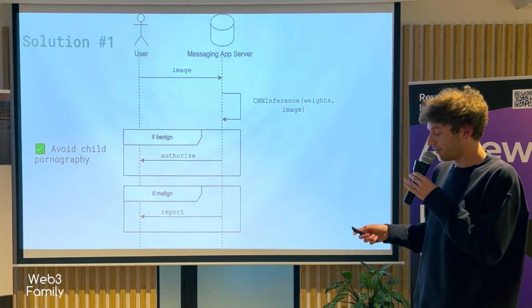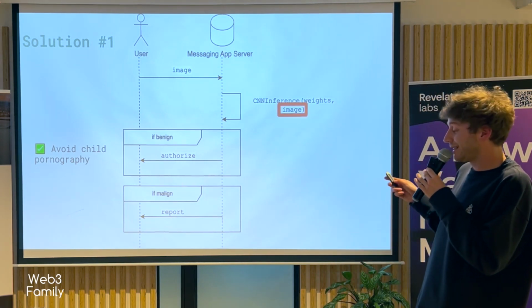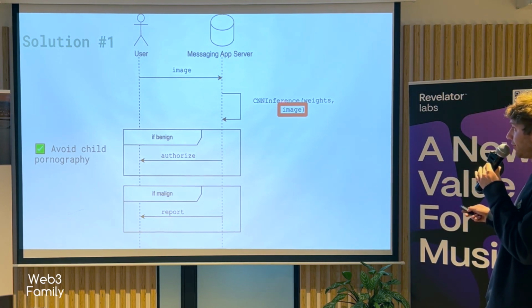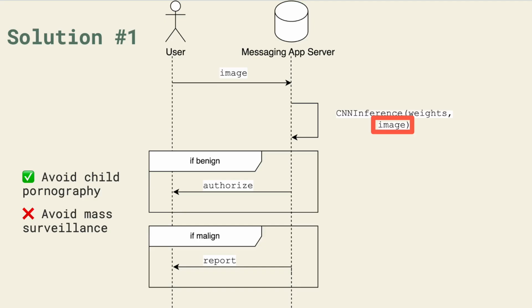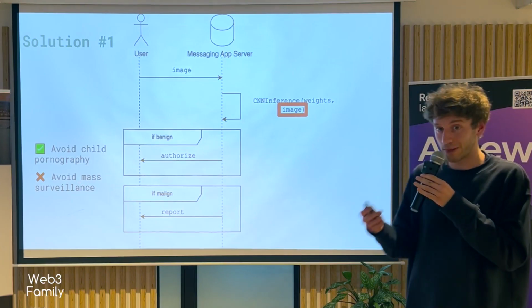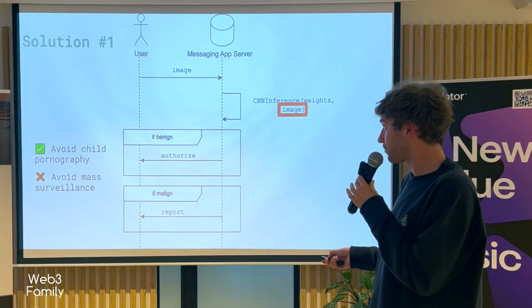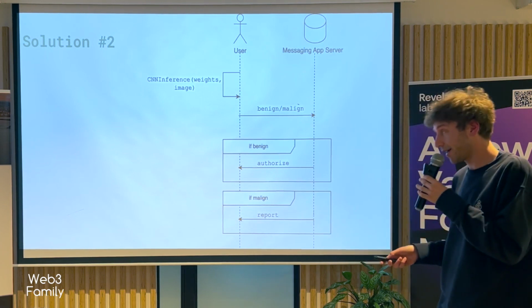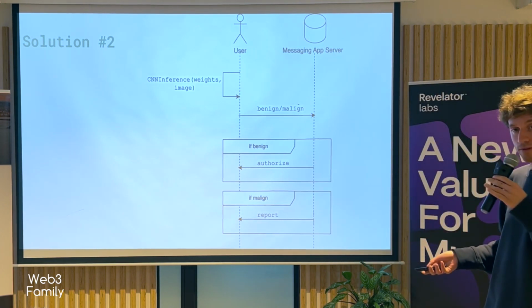So, one thing is achieved. Well, the big problem is that the image is actually being shared with the messaging app server. So this solution doesn't avoid mass surveillance. This is bad.